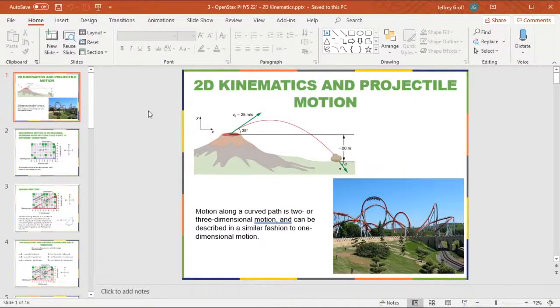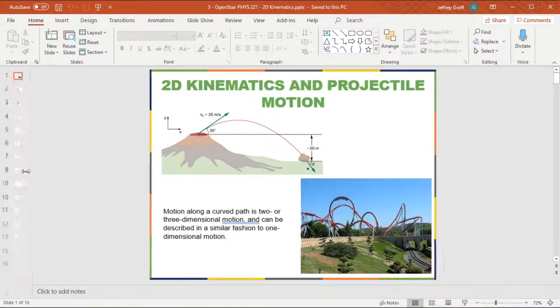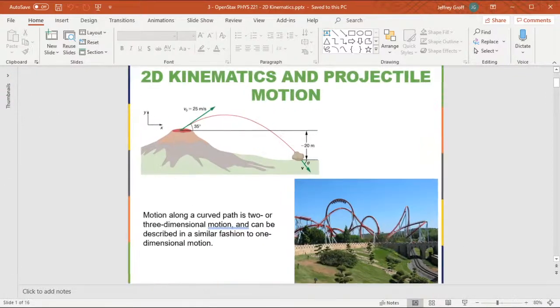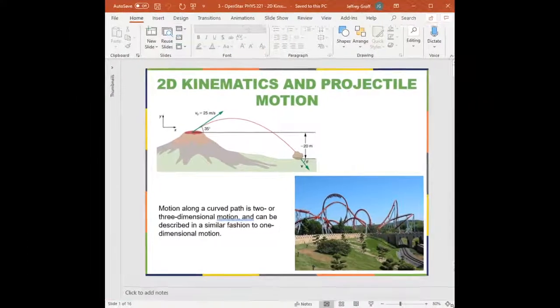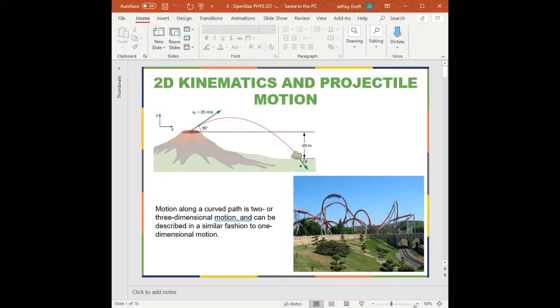Study guides. Opening up PowerPoint. There we go. Okay, so make this smaller. Maybe make this bigger.